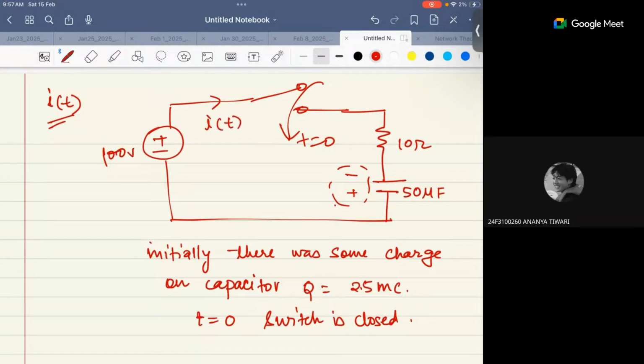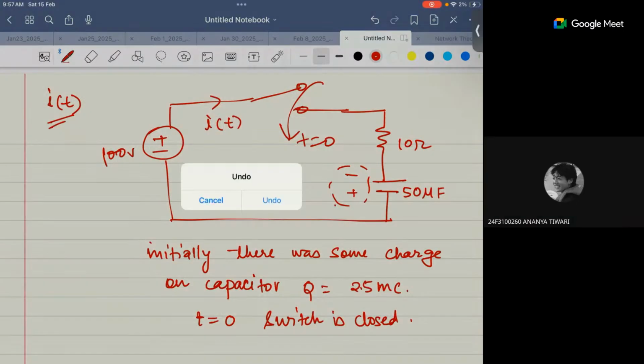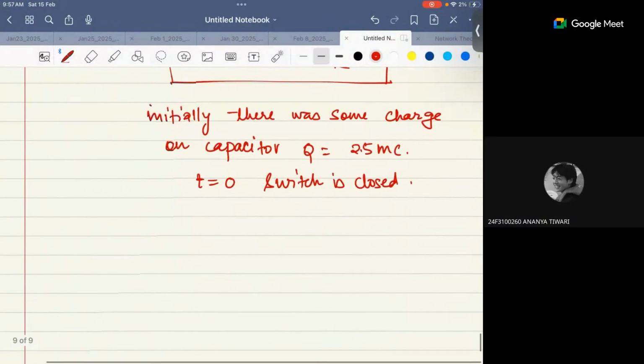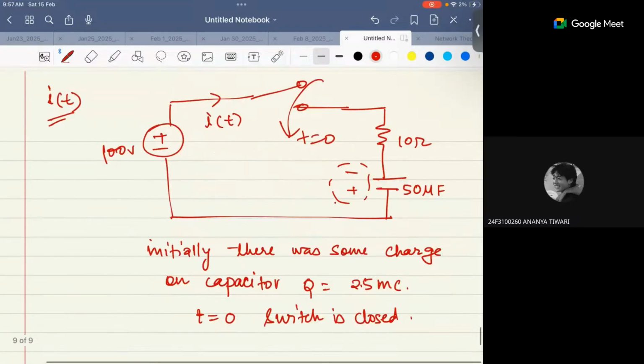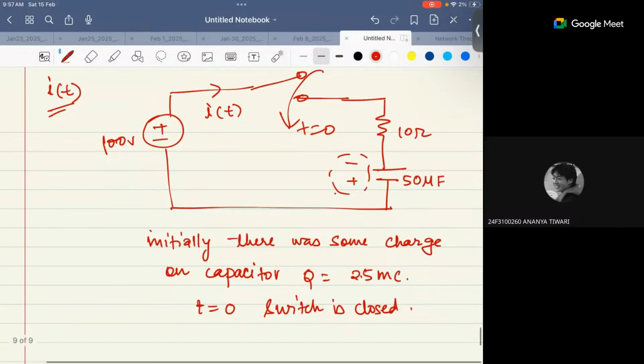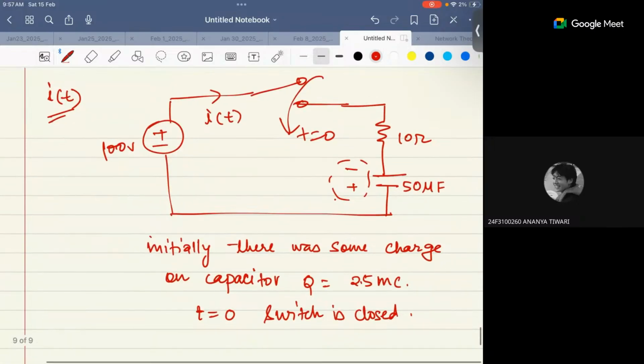How will we solve this equation? We will find V, as Vc is equal to Q by C. Correct. So if you have a charge, then there will be some voltage also, the initial voltage. Vc(0-) will be what?